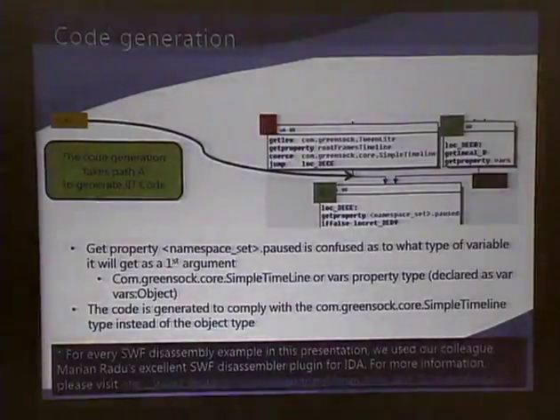The JIT code is generated from path B in this picture, based on the data type that is passed from basic block B. And the type is com.greensock.core.SimpleTimeline. The A2 JIT code is processing that type.